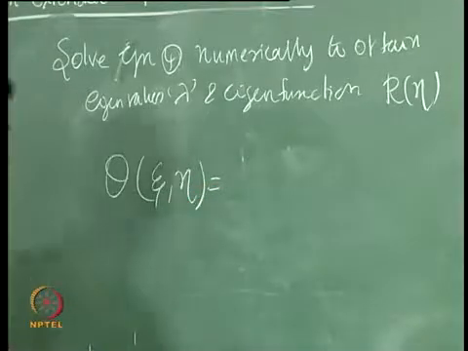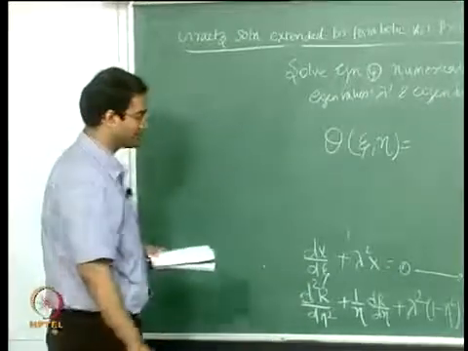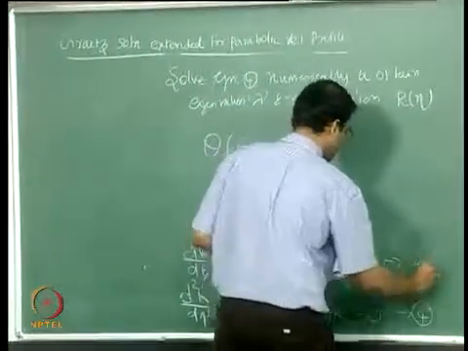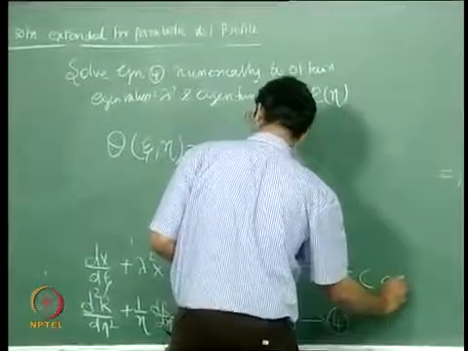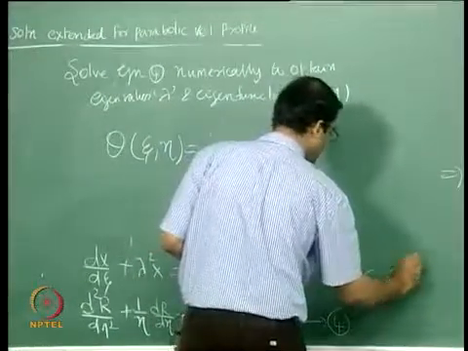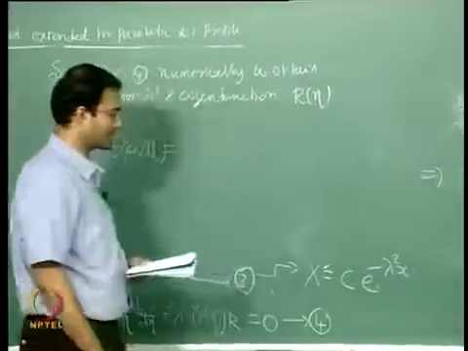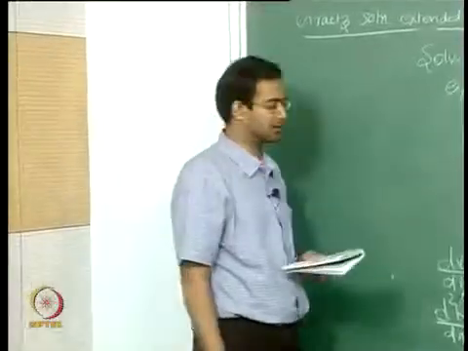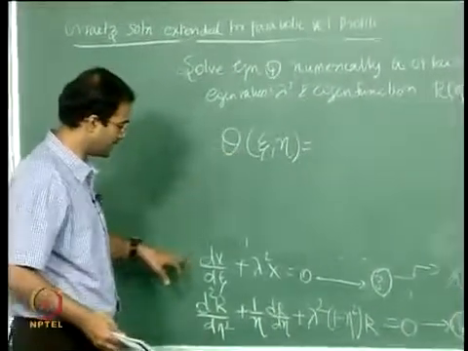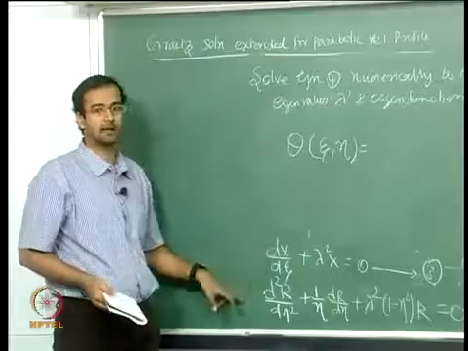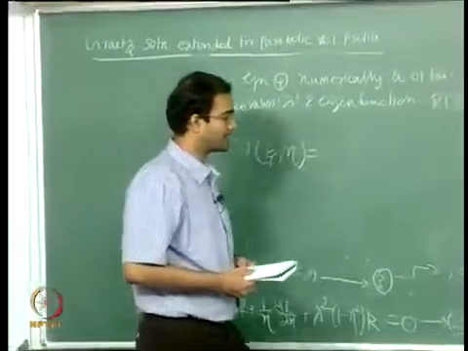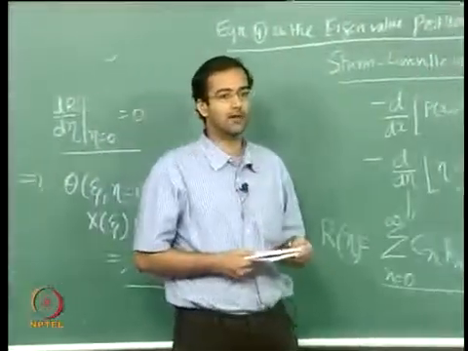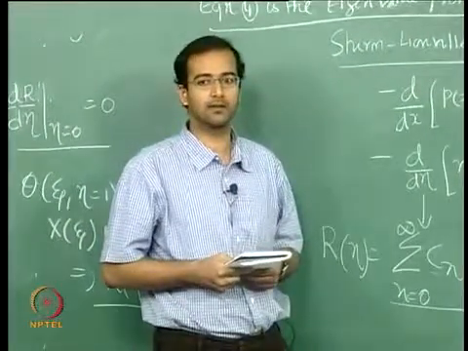Now what is the solution to equation number 3? This is a straightforward ODE, x equal to some constant c e power minus lambda square zeta. So that is a straightforward solution. Therefore your final solution theta will be the product of x and R. As I said, you can have multiple eigenvalues, and for each of them you will have a solution, an eigenfunction.